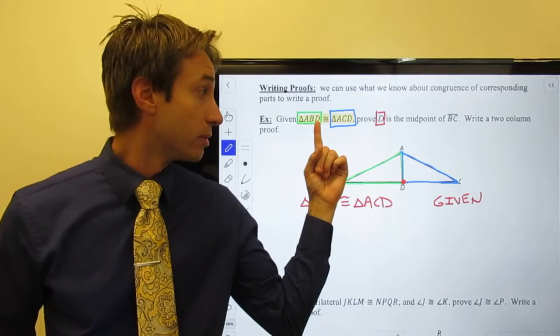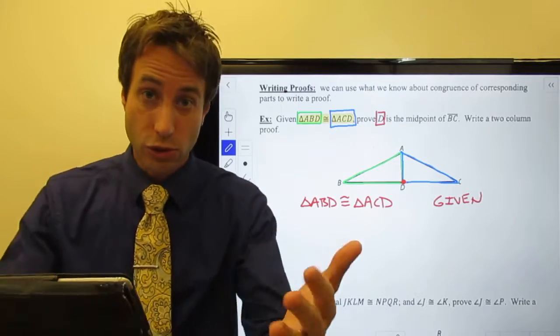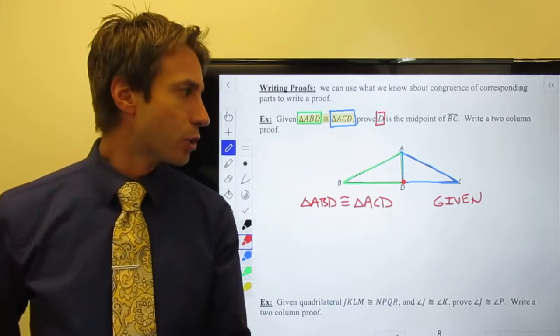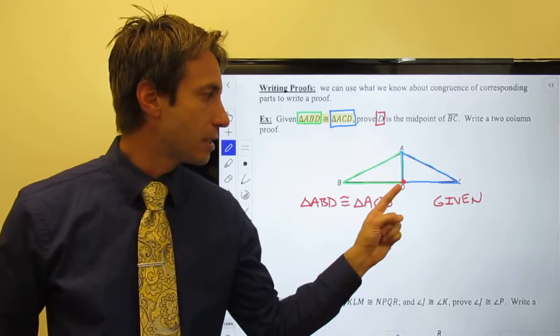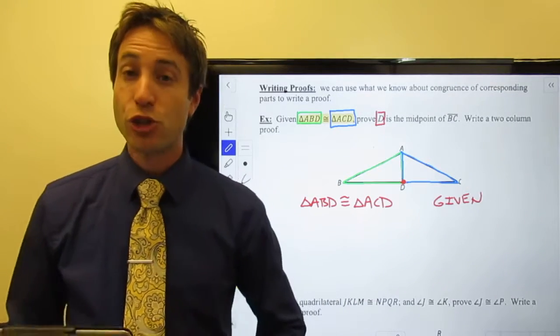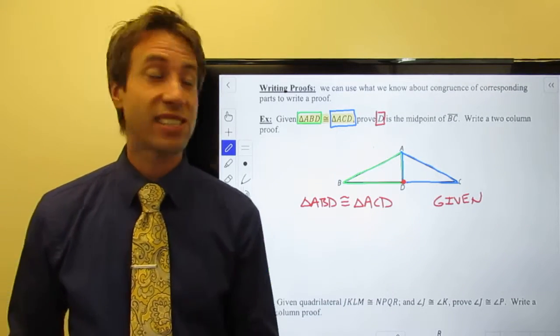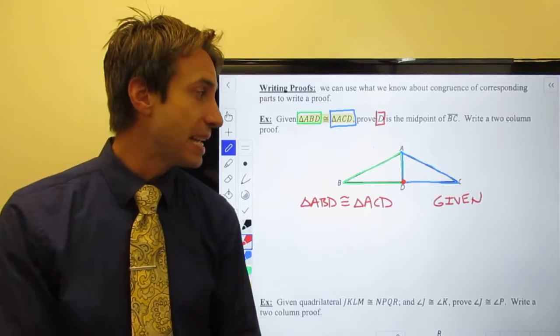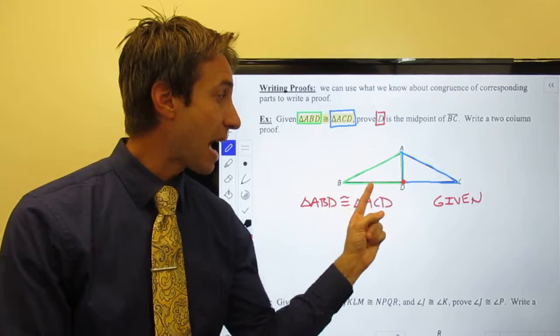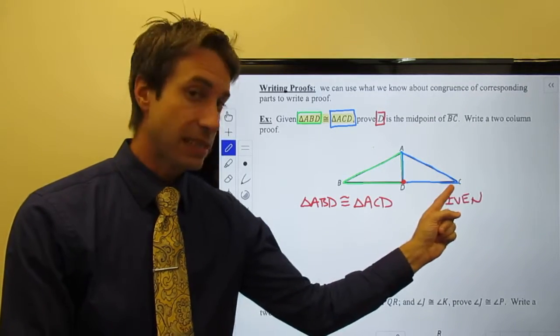I told you that these two triangles are congruent, so you can write that statement because I gave it to you. It's given. Now what we're trying to do is prove that D is the midpoint. So here's what your next step probably would be. We need to now say something about line segment BC.